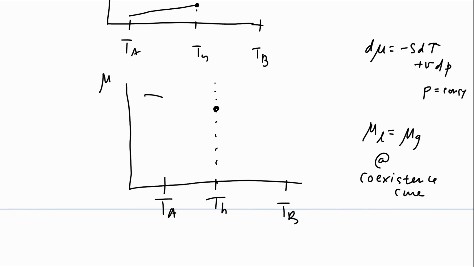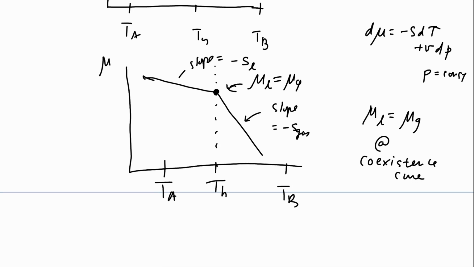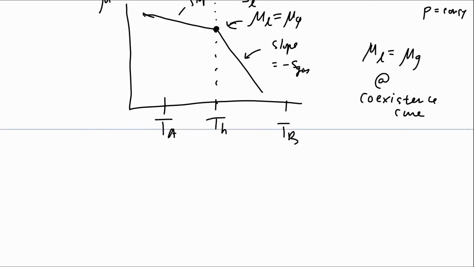So if I do that, I get this picture, right? The slope is minus S liquid, and this slope is minus S gas. And so the gas has a steeper slope, but they connect there, because at this point, μ liquid equals μ gas. Okay?